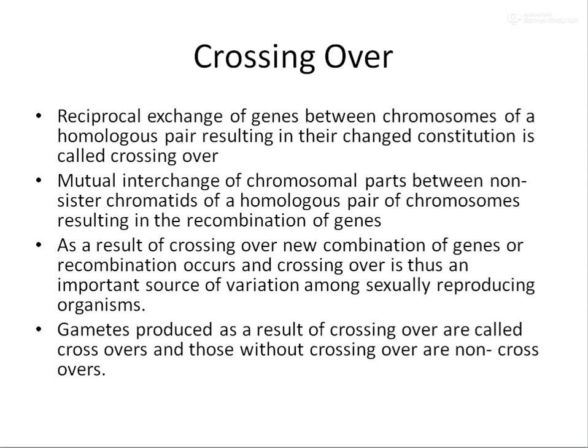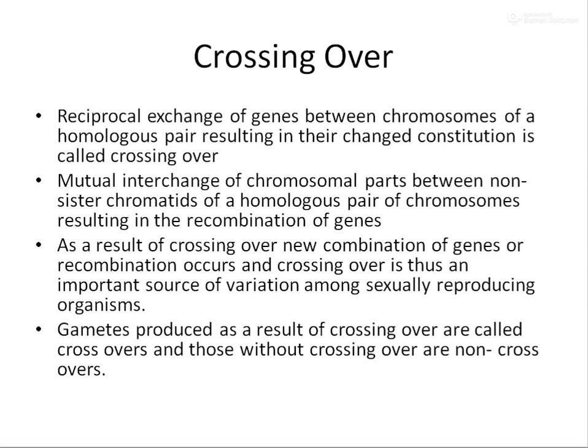So the homologous pair of chromosomes refers to chromosomes which contain the same genes, and the mutual exchange of chromosomal parts between non-sister chromatids of a homologous pair of chromosomes, resulting in the recombination of genes, is referred to as crossing over.